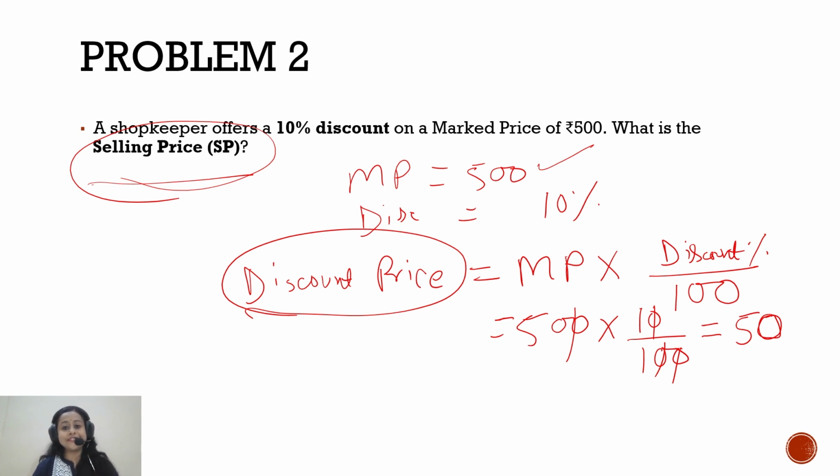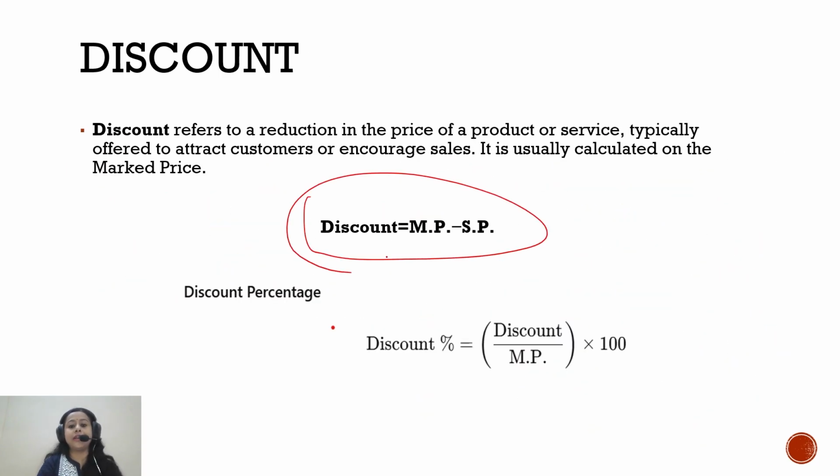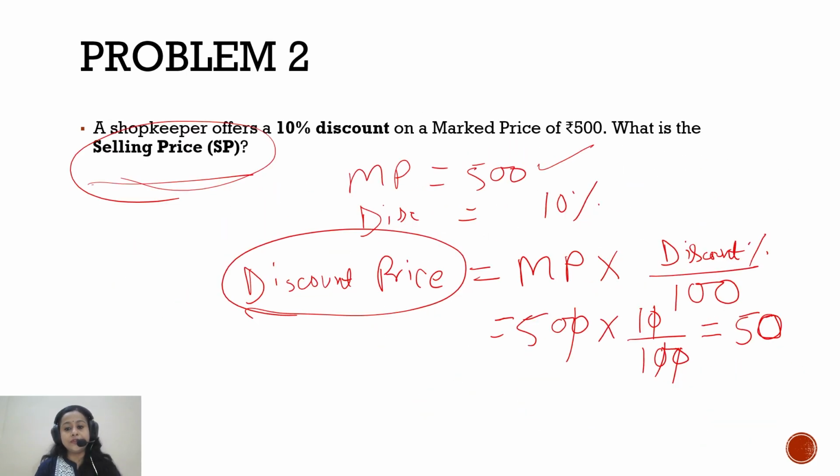Now, to find the selling price when the marked price is given and the discount price is given, there is a formula, so we will apply this formula. We know the discount and we know the marked price. From this equation, it will be very easy to find the selling price. Discount price, DP, is equal to marked price minus selling price.